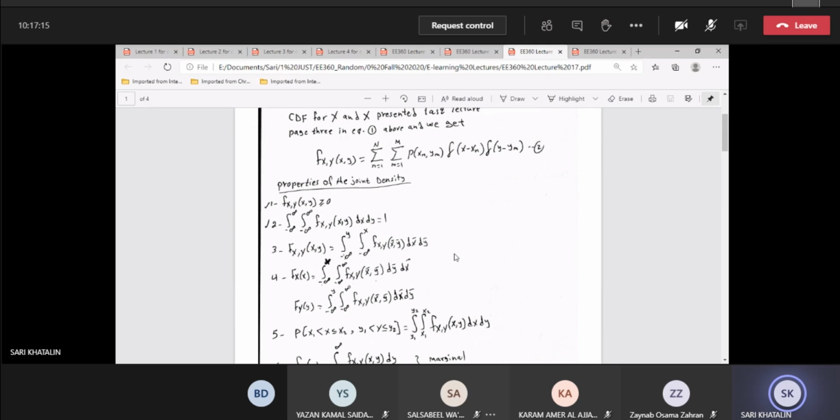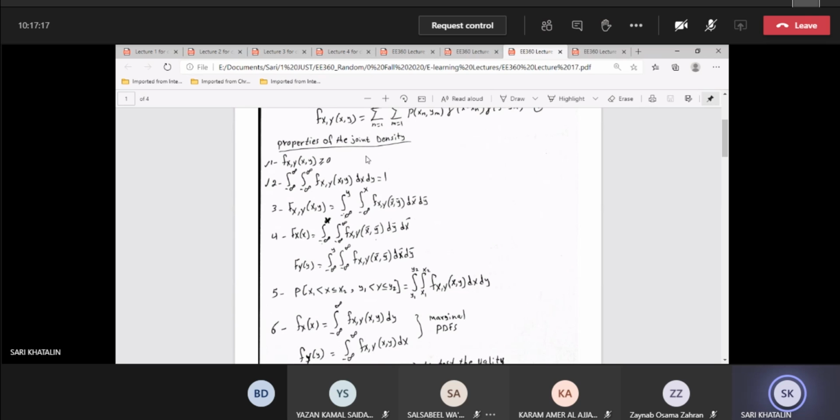Again, we have properties for the joint density function, as we had for the single PDF of a random variable.